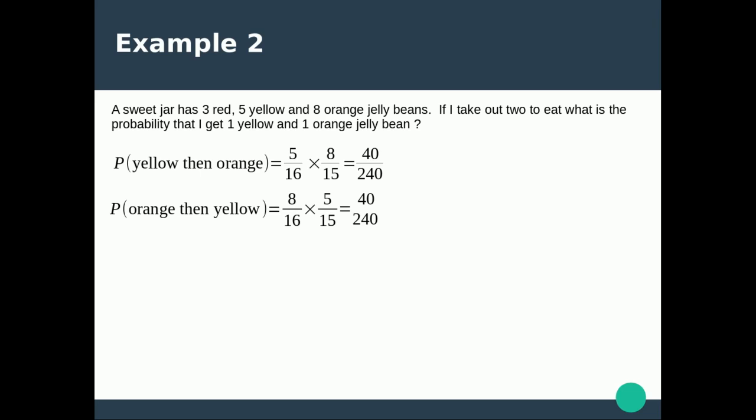Now, I'm happy with this situation happening or this situation happening. And because it's or, we want to add. So the probability of getting a yellow and an orange in any order is 40 over 240, add 40 over 240, which is 80 over 240. And of course, if you wanted to simplify that down to a third, you can.